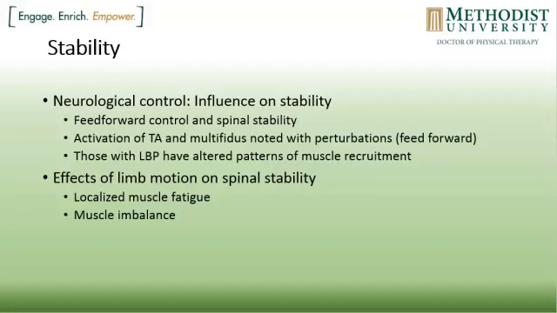Also, with repetitive activity or heavy exertion of the extremities, you will have localized muscle fatigue in the spine. You'll have a greater chance of injury of the spine when you have poor spinal stability, because you'll have greater anterior and posterior shear from that limited stability.